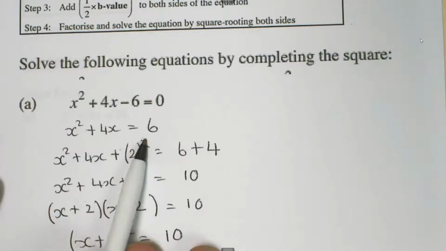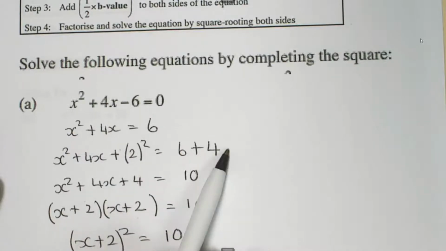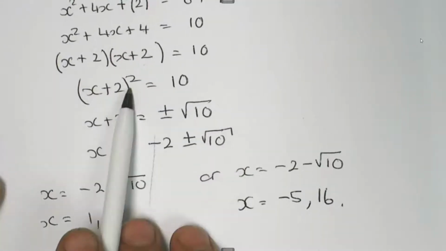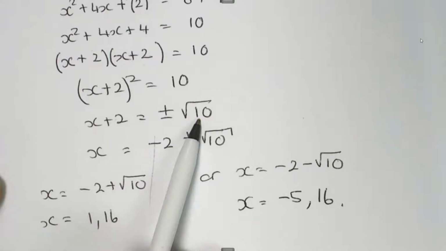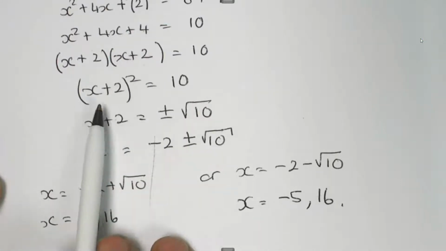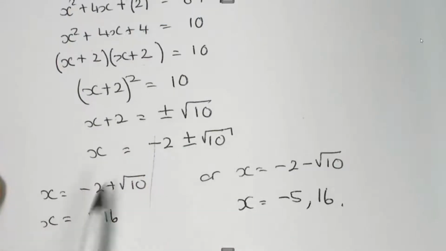If I add 4 to one side, I must add 4 to the other side. Then I can factorize. And then once you have got a square, to get rid of the square, we square root the side, and it becomes plus or minus the square root of the other side. And then we can take the positive 2 across, and we can use the calculator to determine the values of x.